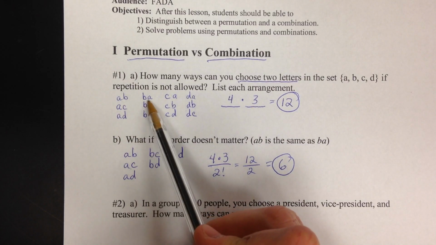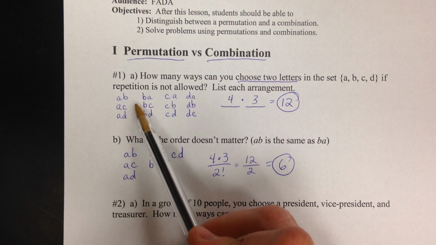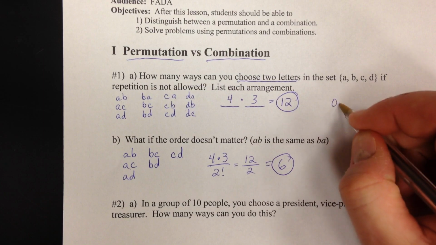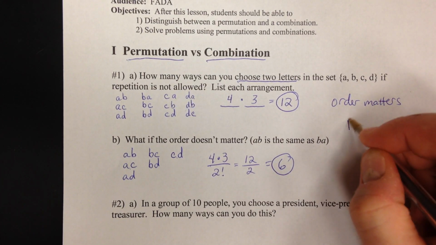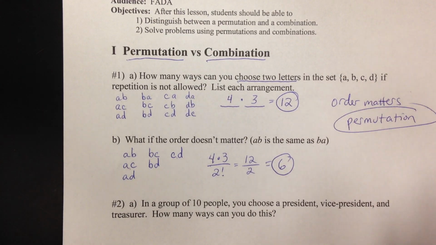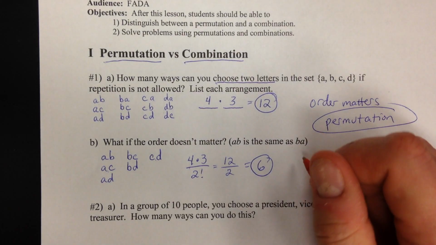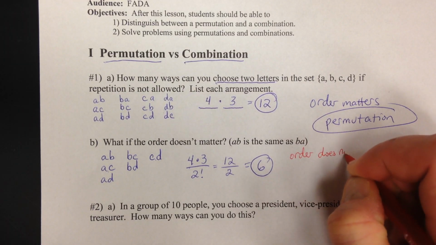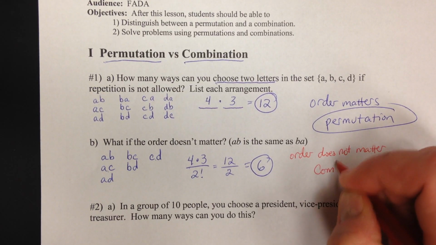If AB and BA are different arrangements, then we say the order matters. So in part A, order matters, and that is what we call a permutation. If the order matters, that is a permutation. However, if the order does not matter, that is called a combination.